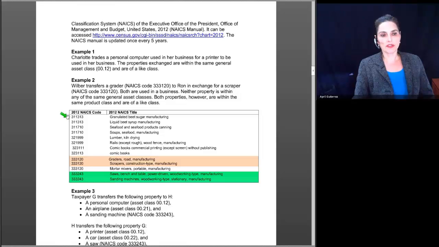We've got 311313, and it appears twice. There are a lot more lines that have that same NAICS code. I just randomly picked two so you could see how NAICS is categorizing these things. Essentially, we've got granulated beet sugar manufacturing and liquid beet syrup manufacturing. Equipment purchased and used for either of those two functions would be the same function, or would be like kind as far as IRS is concerned.